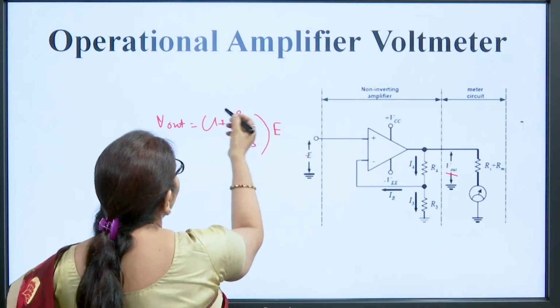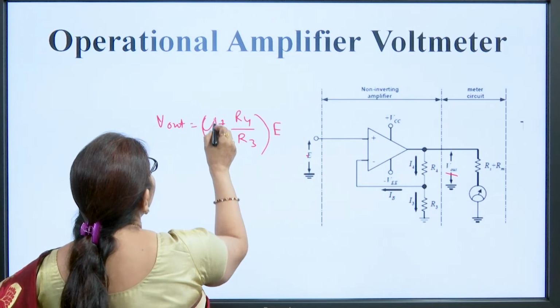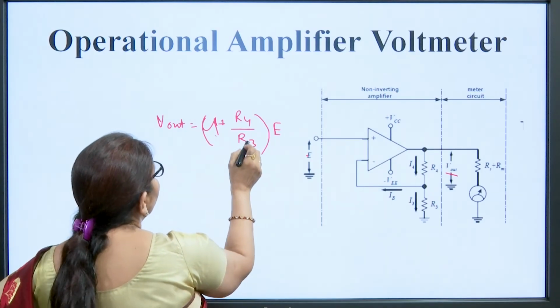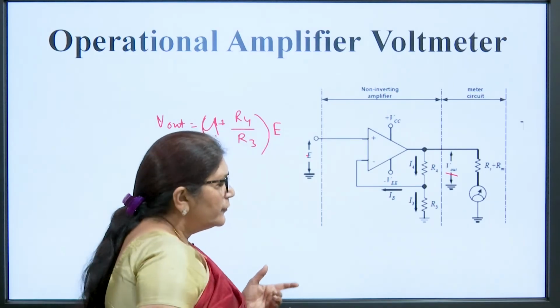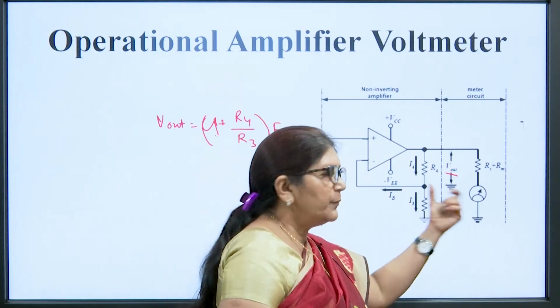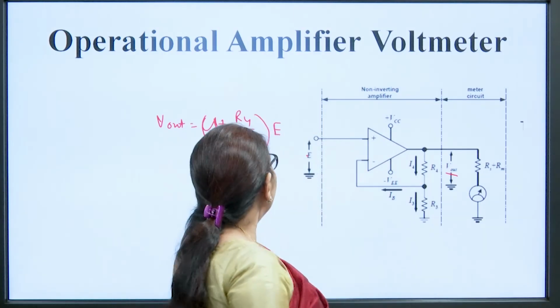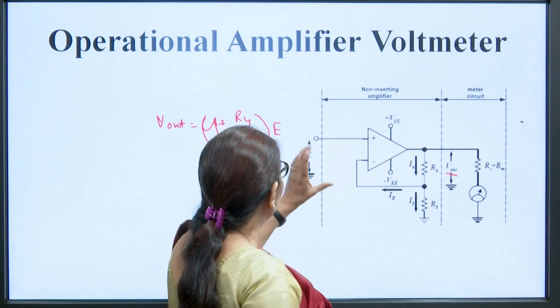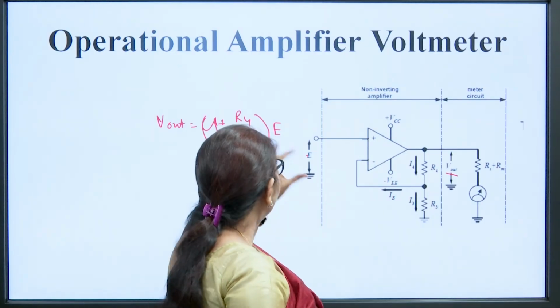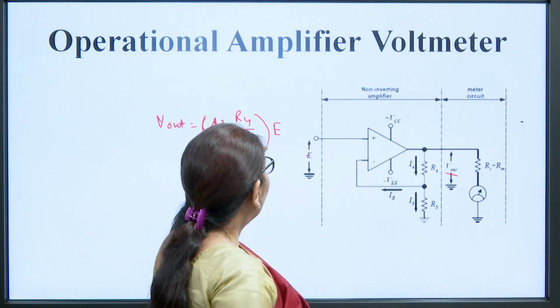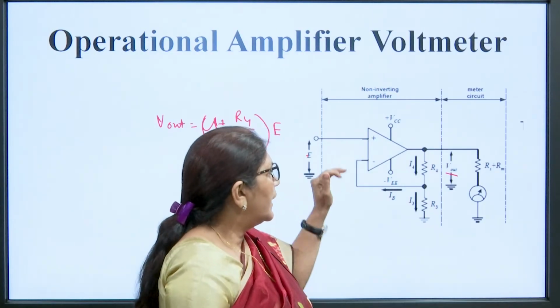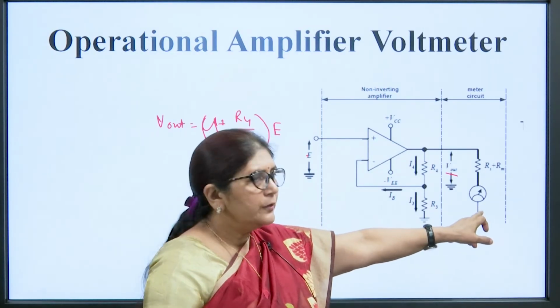So, this input voltage is amplified by the factor 1 plus R4 by R3. Whatever range we want, that meter can measure. We can increase the range of this input voltage by proper selection of R4 and R3 values, and then that output is fed to the meter.